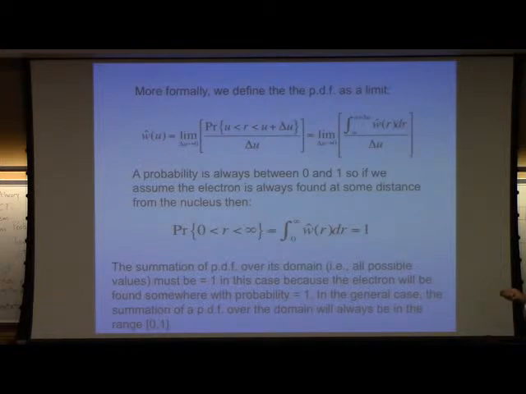So if we integrate over all possible values, which we're going to call the domain, that has to integrate out to 1. When you know with certainty that something is somewhere over this domain, then you integrate the probability density function out to 1. In the general case, it may not always be 1, but it's always going to be in the range of 0 to 1.